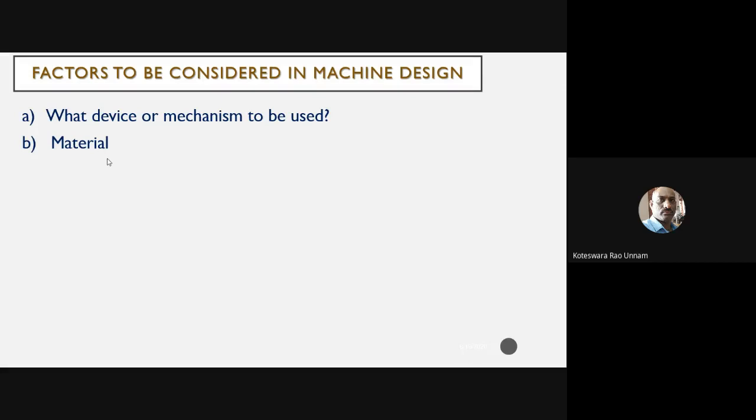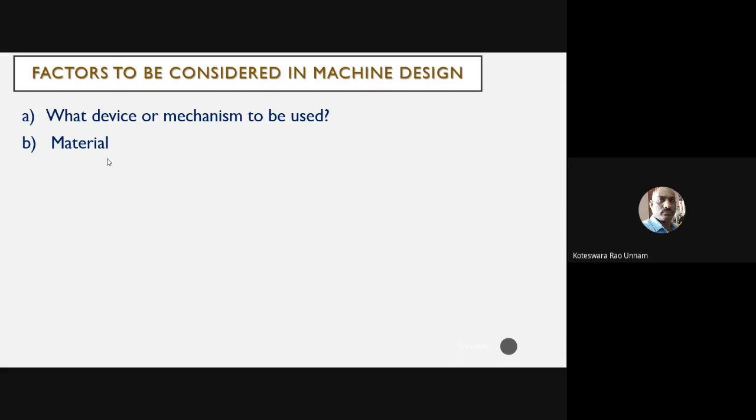In the material, first he has to look at the various properties, especially the strength of the material, the stiffness of the material, and other properties like corrosion resistance or wear resistance, or maybe its heat transfer coefficient. All those material properties, depending upon the application, the designer has to take care of.